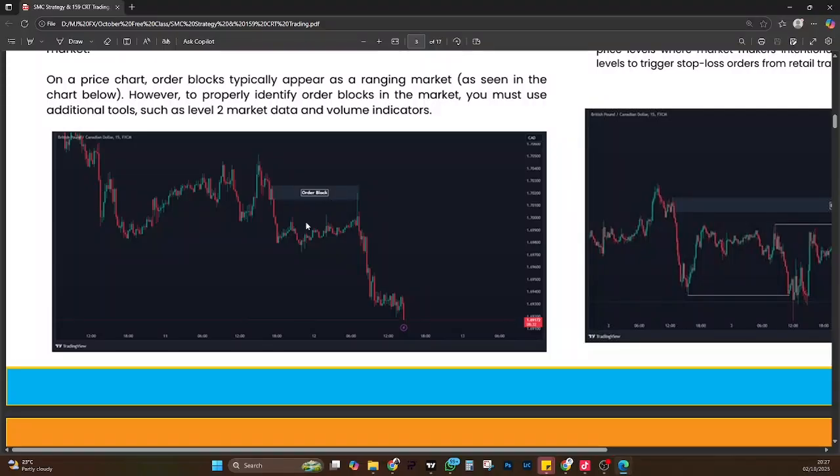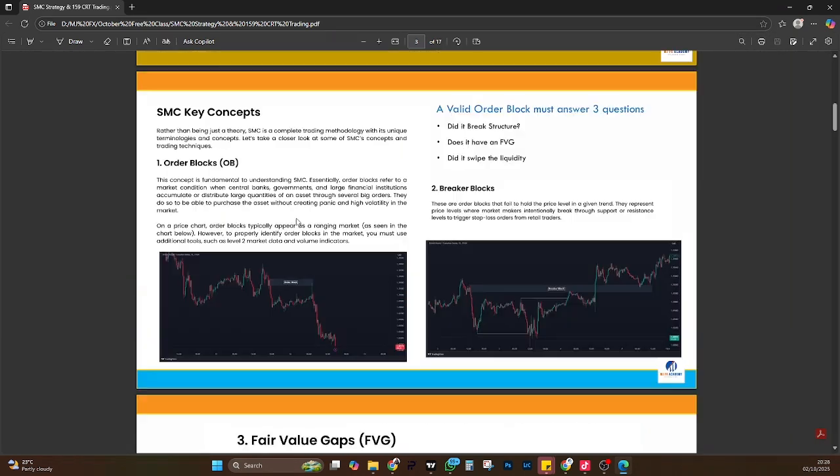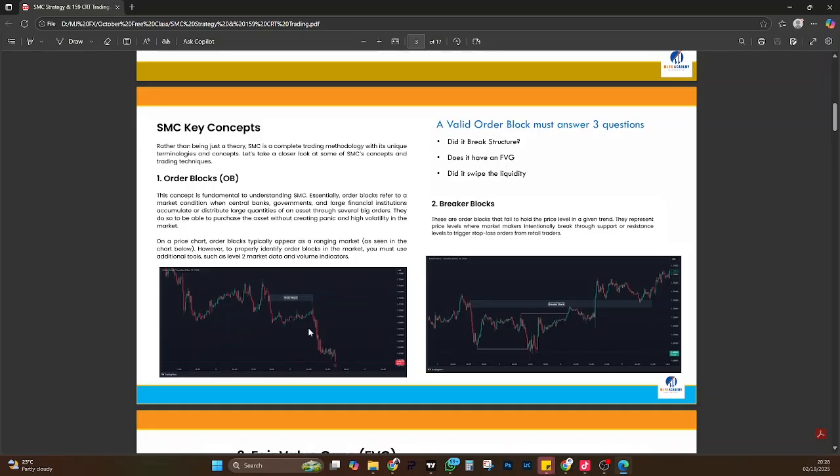If you look at this order block here, you'll find that it broke structure here. Breaking structure means it broke the last swing low here. So an order block must break structure. That is the first thing.